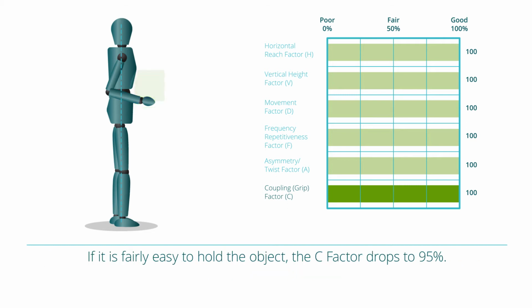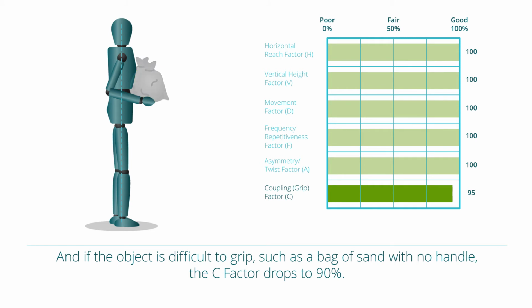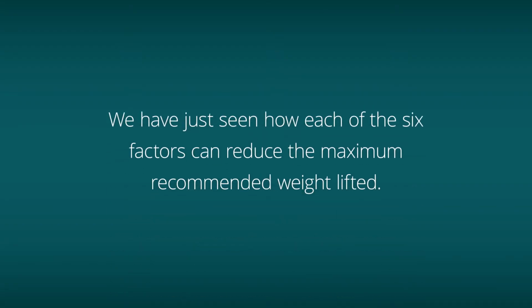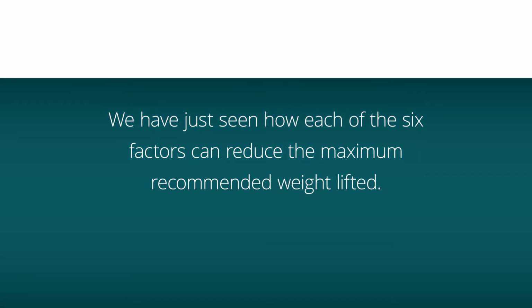If it is fairly easy to hold the object, the C factor drops to 95%. And if the object is difficult to grip, such as a bag of sand with no handle, the C factor drops to 90%.